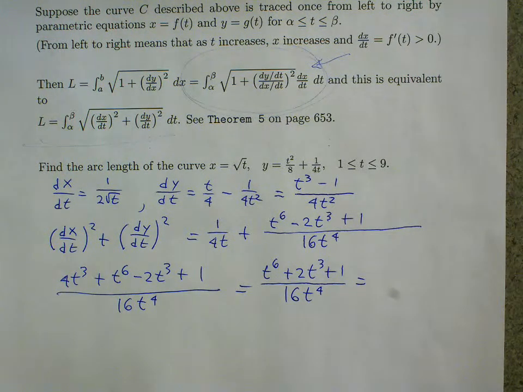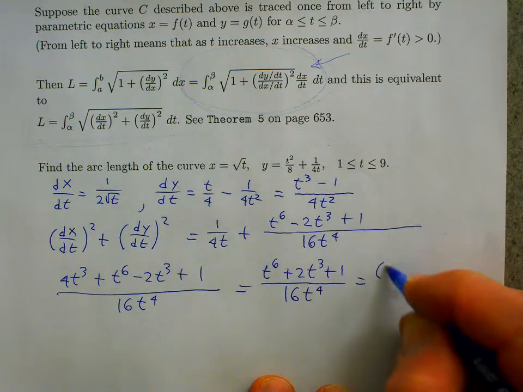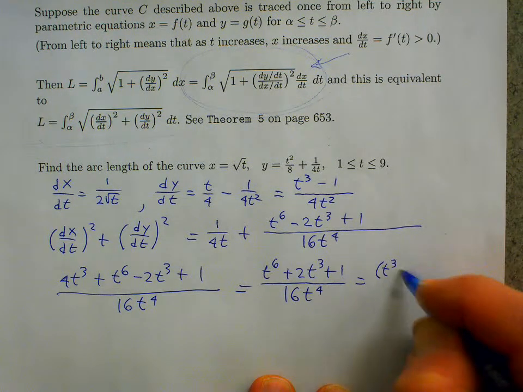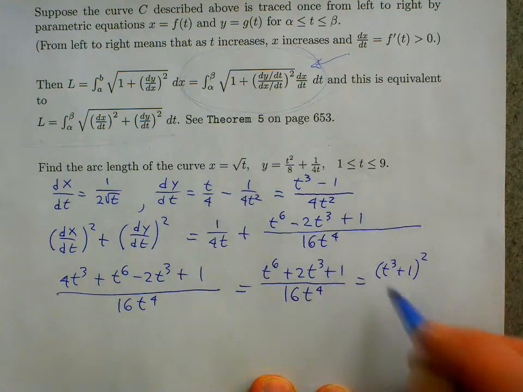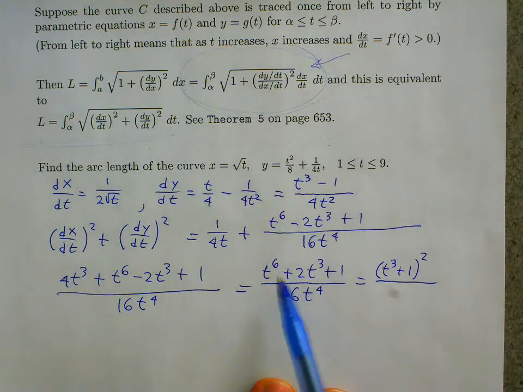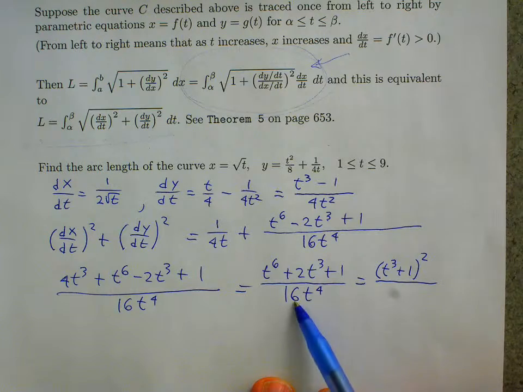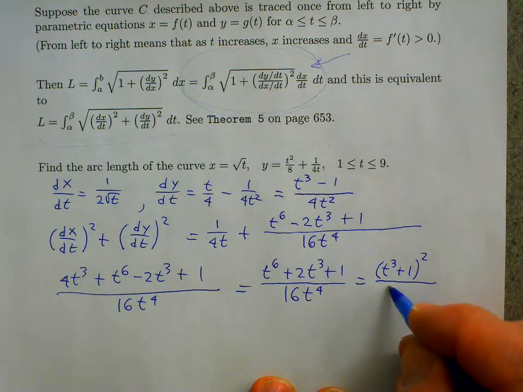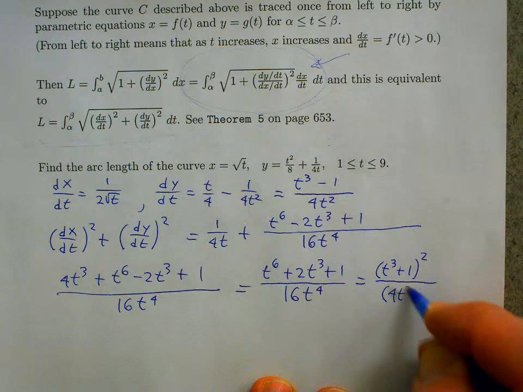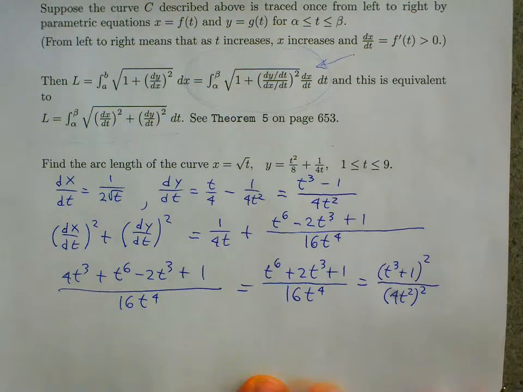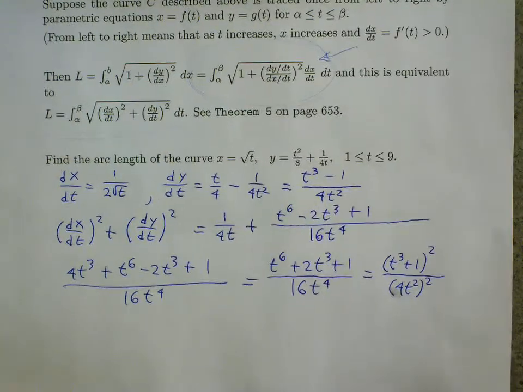The numerator is a perfect square. If we square t cubed plus 1, we get t to the sixth plus 2t cubed plus 1. And the denominator is also a perfect square. If we square the term 4t squared, we get 16t to the fourth.